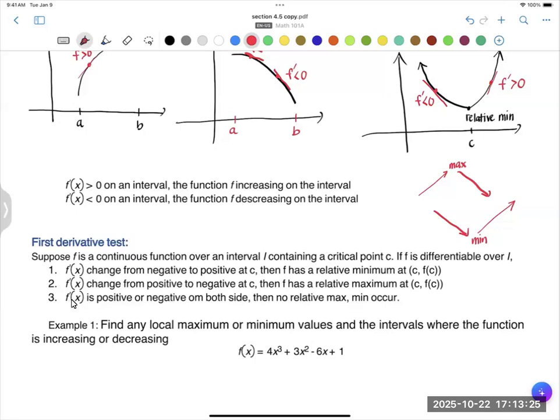But if f prime is positive on both sides, or negative on both sides, then no relative max or relative min occurs. What does that mean? If the function is increasing on both sides of c, they have the same sign, so there is no max or min.